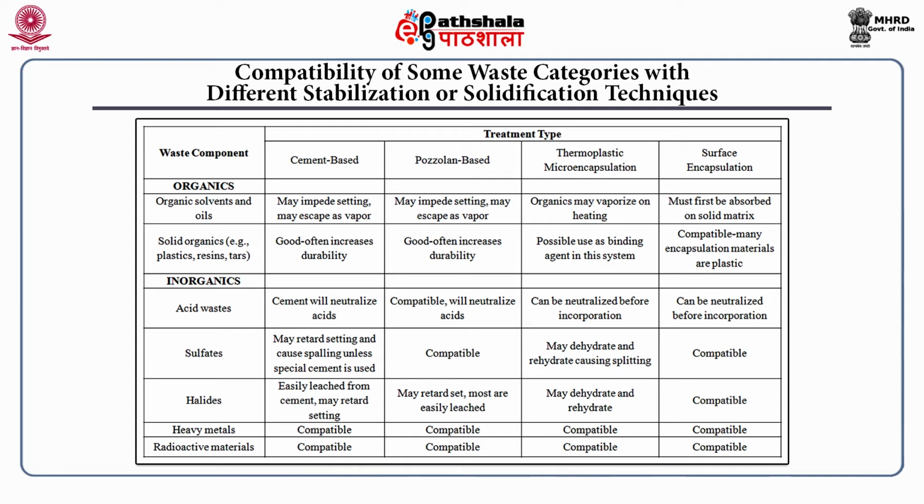In the case of surface encapsulation, they are first absorbed on a solid matrix. So, surface encapsulation is better for organic solvents, and likewise different waste categories such as solid organics including plastics, resins, tars, acid waste, sulfates, halides have different implications on different products.